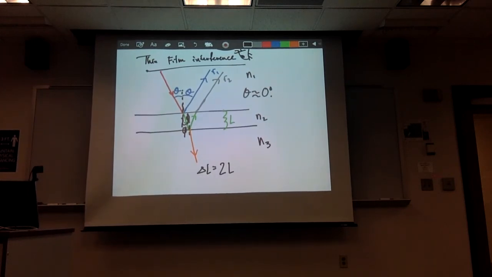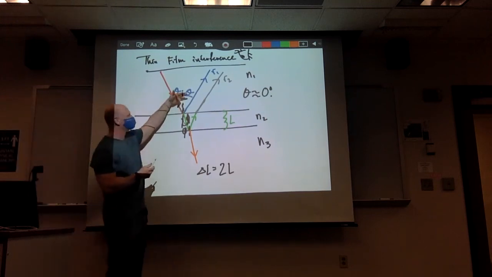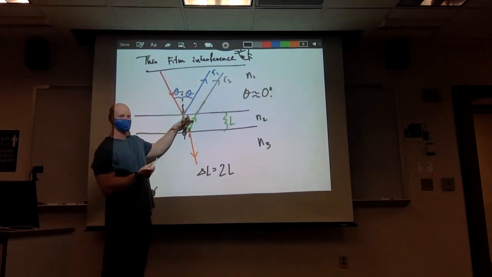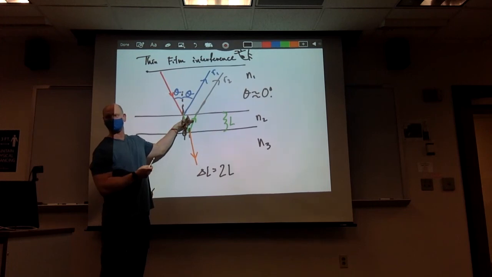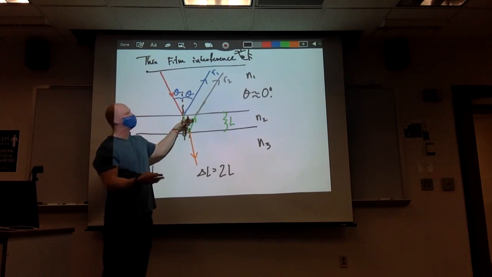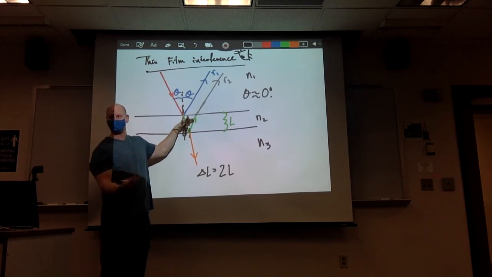Okay. So what's the point of all that? So the point of all that is what? Let's say I get a phase change here, but I don't get a phase change here, then constructive interference occurs when what? I have half an integer difference between the wavelengths, as opposed to destructive interference, which is going to occur when I have an integer multiple between the wavelengths.